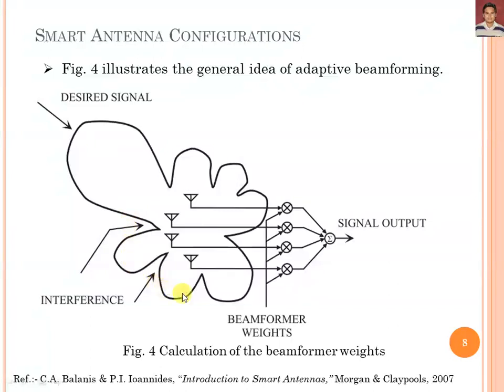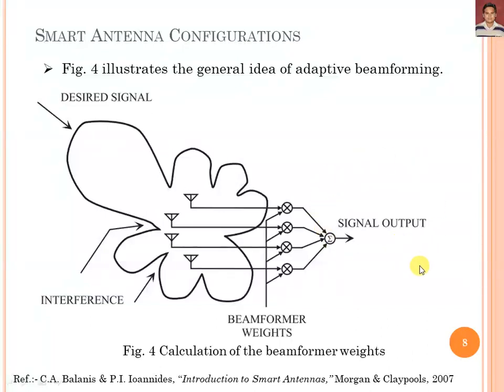When we are using it at the receiving end, the signal from each base station is received, and we multiply it with the beamformer weights, and we add all the components, then we get the signal output.